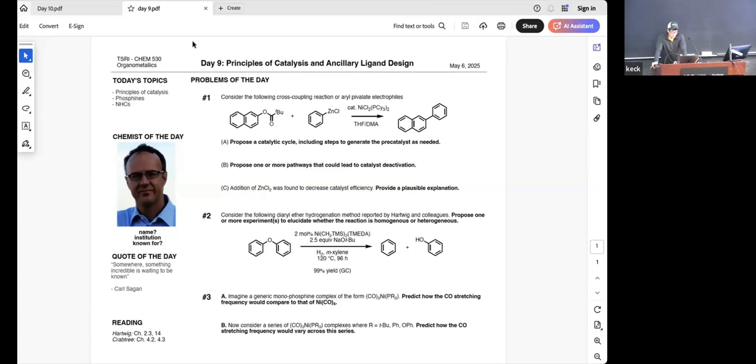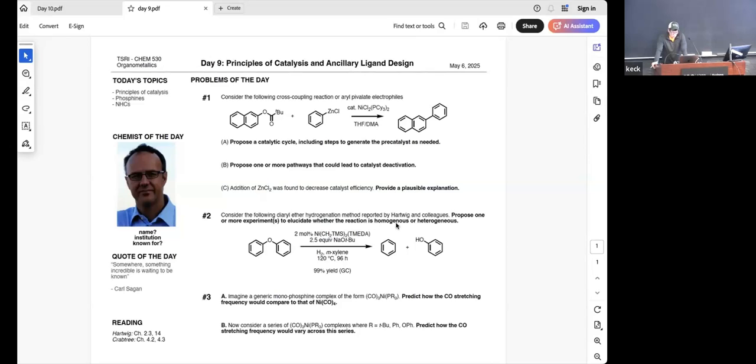Most commonly, we're talking about pi bond hydrogenation. This is a sigma bond hydrogenation where we take a diphenyl ether, and in the presence of nickel, high temperature H2, we replace a carbon oxygen sigma bond with a new carbon H and OH, two sigma bonds.